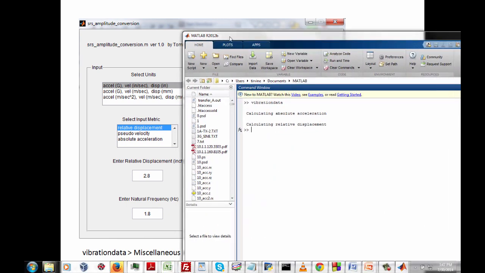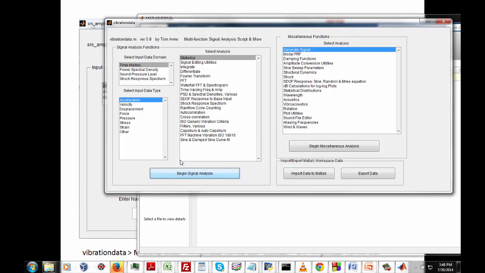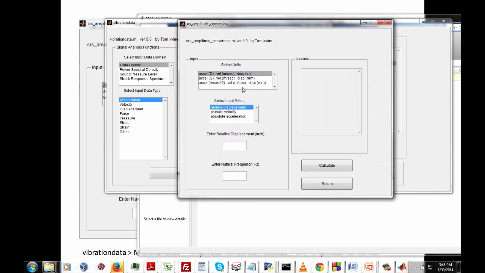But let's go to vibration data. And if we go to our amplitude conversion utilities, we're going to do SRS amplitude conversion. So we've got our English units, the first choice in that list box. So let's just play around.